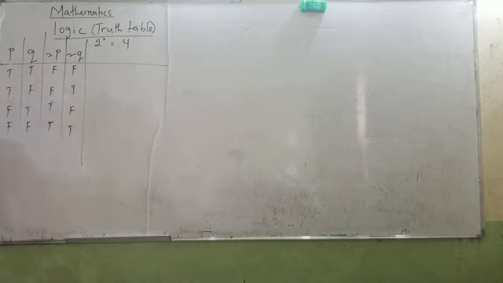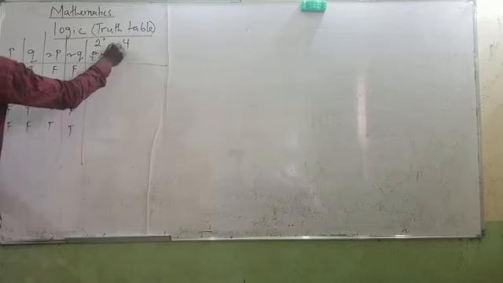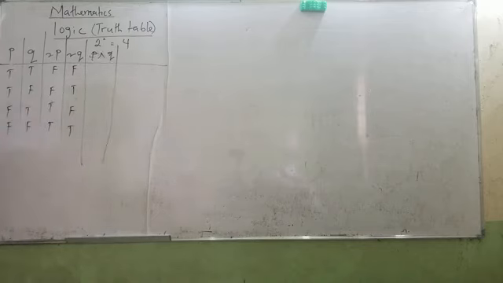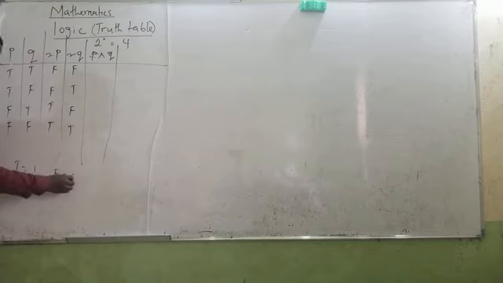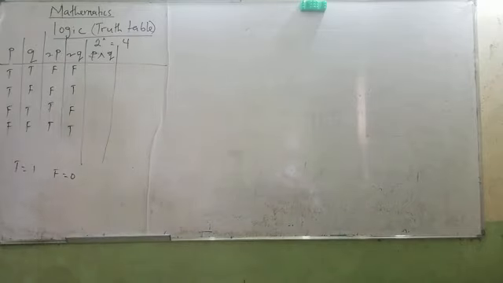If I want to move on, I do so by having P and Q. This is what I want you to understand. Put T to be 1 and F to be 0. I told you at the beginning of the video that and is multiplication.